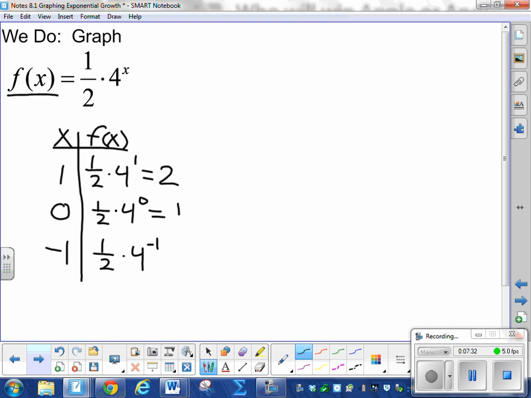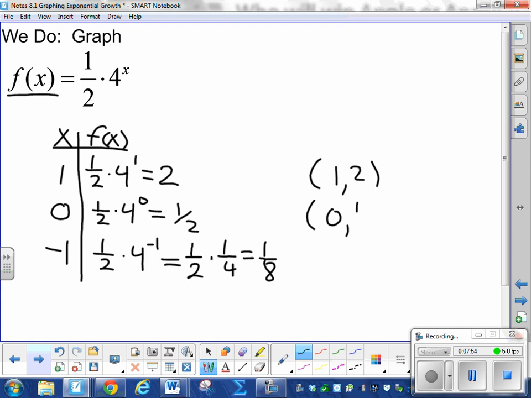Take half of 1, you get 1/2. 4 to the negative first power is 1/4, and the negative exponent property makes it flip over, so half of that ends up being 1/8. There are your points: 1, 2; 0, 1/2; and -1, 1/8.